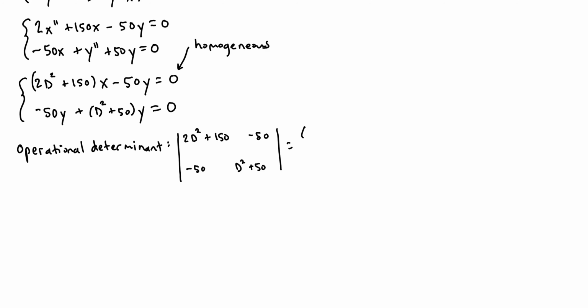Our forward diagonal product looks like 2D squared plus 150 times D squared plus 50. And we're going to subtract our reverse diagonal product. That's negative 50 times negative 50. This gives us 2D squared plus 150 times, let's go ahead and FOIL here.